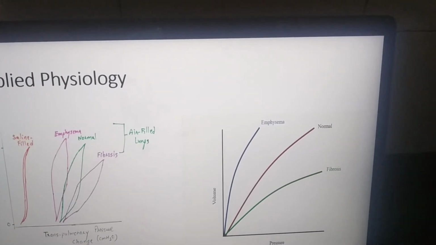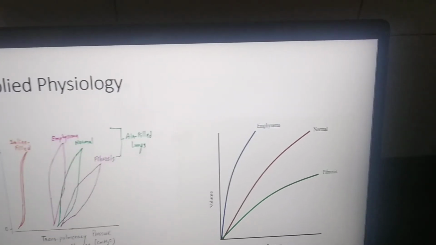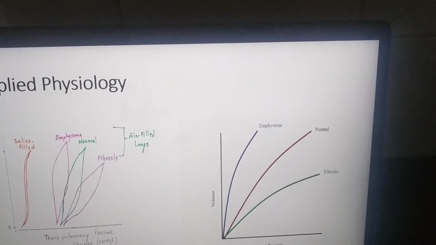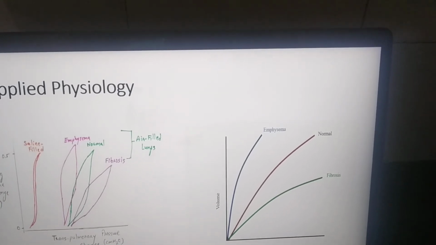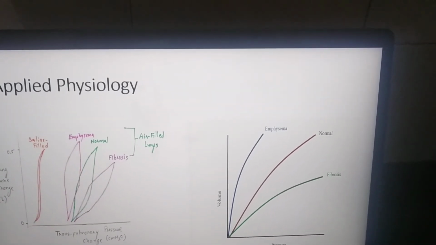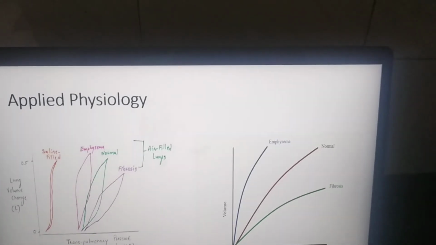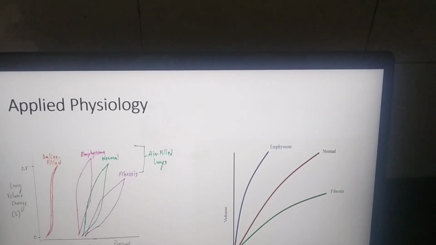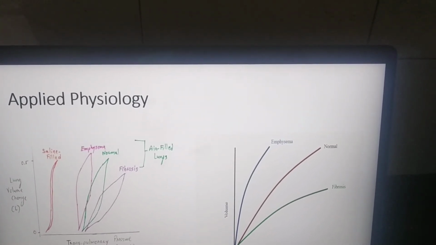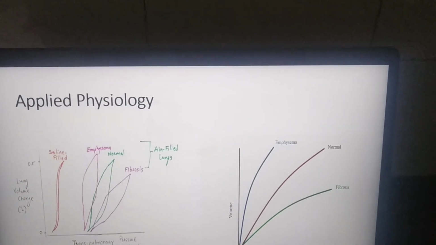In emphysema, the alveolar sac wall gets destroyed. There is destruction of the alveolar septa, so many alveoli come closer and coalesce to form large cavities. In this condition there is a loss of elastic fibers, so the lung expands very easily. A large volume of air can be accommodated in these large alveoli, so compliance is increased.